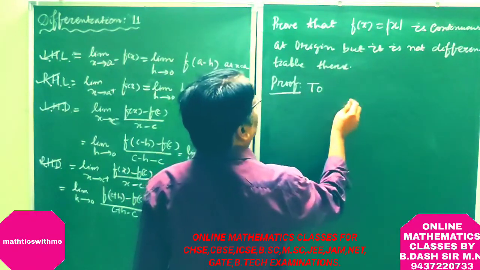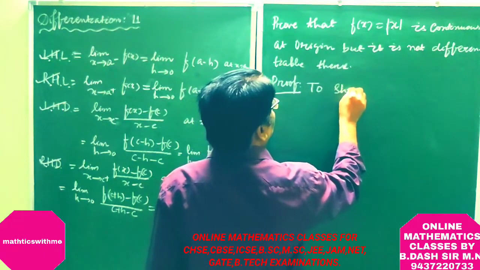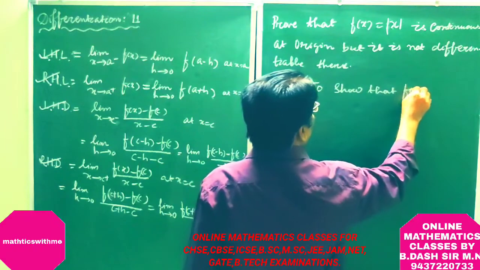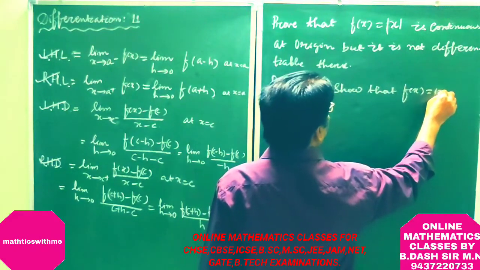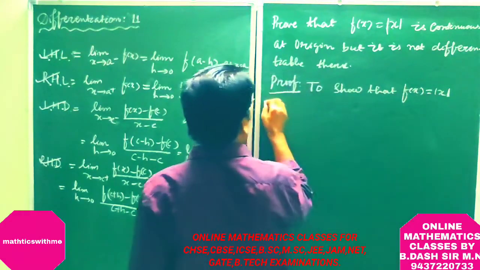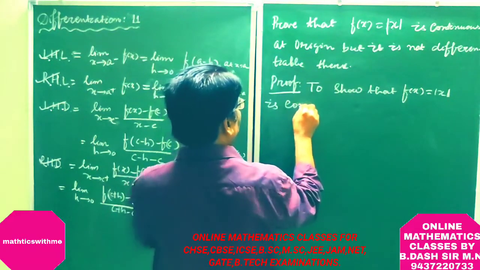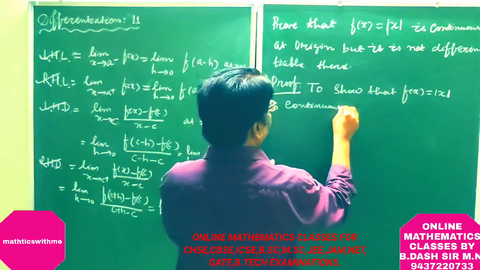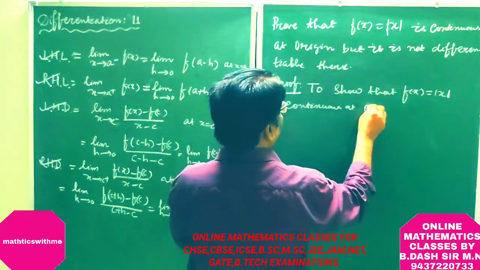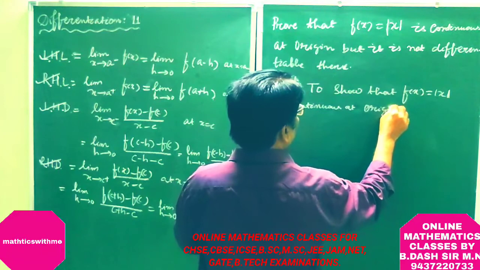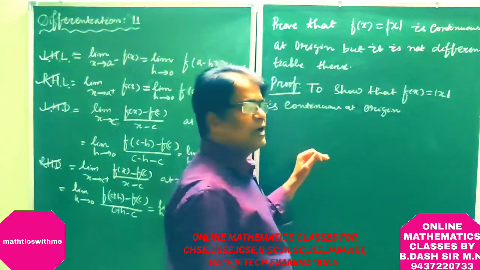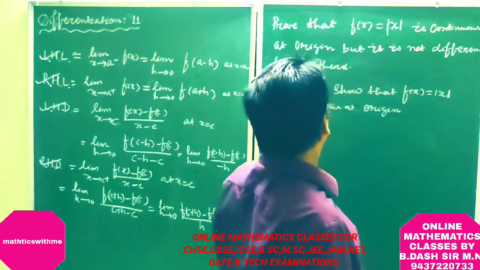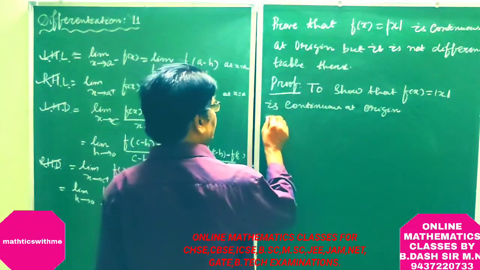To show that f(x) = |x| is continuous at the origin. So first of all, let us proceed to show that f(x) = |x| is continuous at the origin.